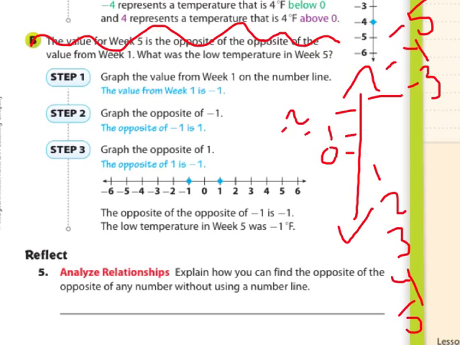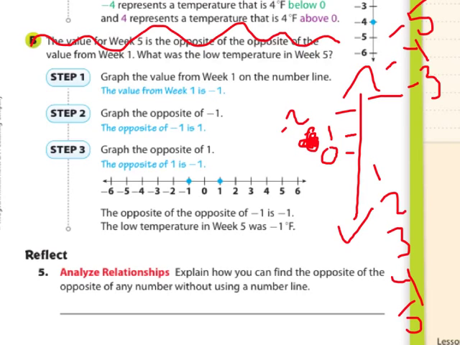So what we're going to do is graph the value from week 1 on the number line. The value from week 1 is -1. So we're going to put a little dot there. There you go. All right.